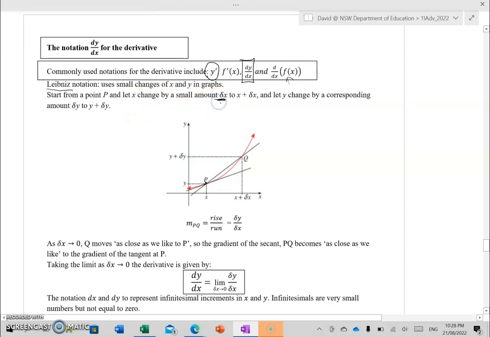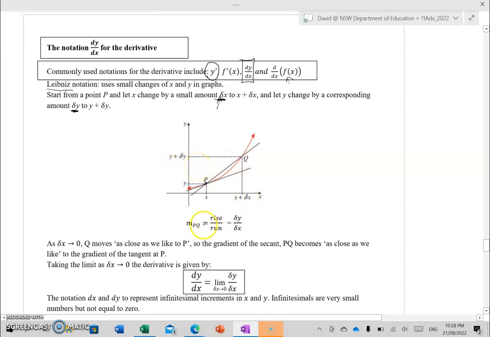We're going to call this delta x. That's the Greek letter delta. So over here the x value is x plus delta x, and let's say in that time y has changed by some corresponding amount, delta y. So we've got x plus delta x, and the y value is y plus delta y.